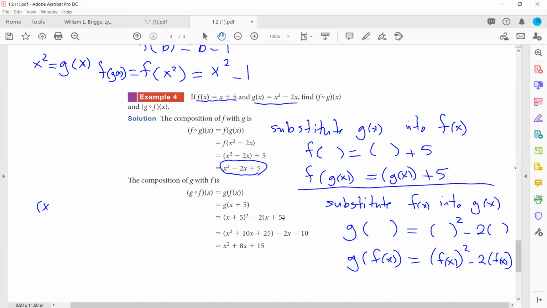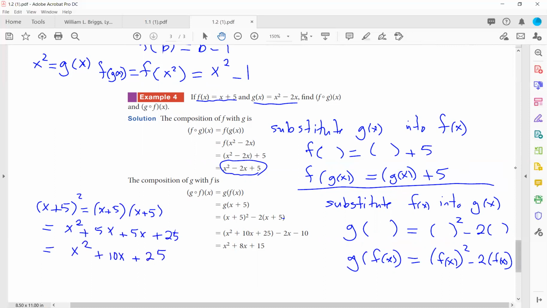X plus 5 squared is x plus 5 times x plus 5. Using the FOIL method or distribution, we get x squared plus 5x plus 5x plus 25, which is x squared plus 10x plus 25.